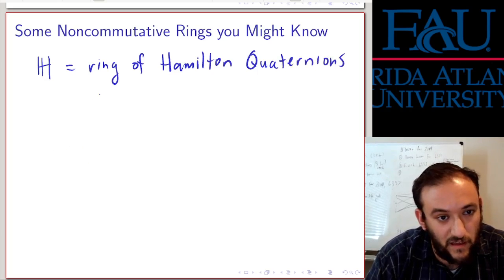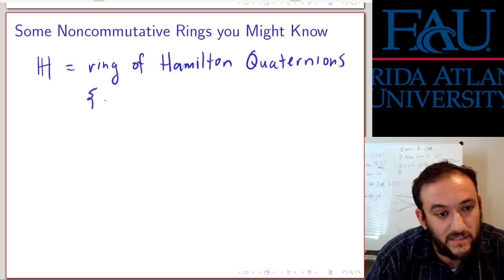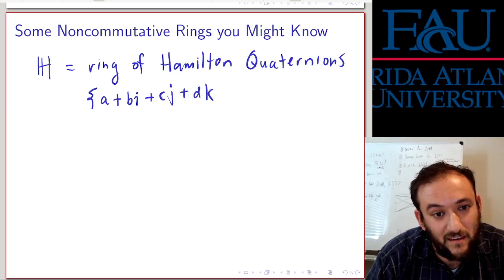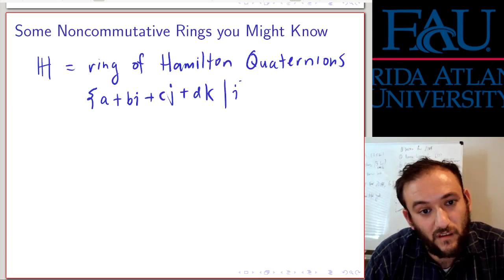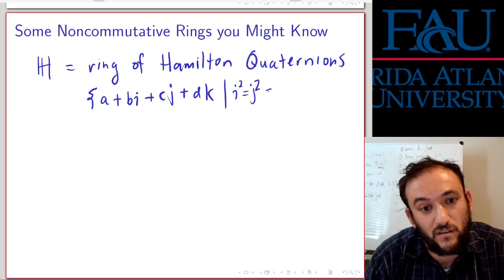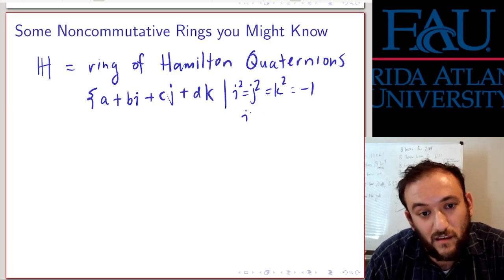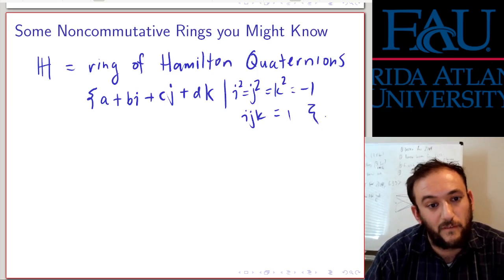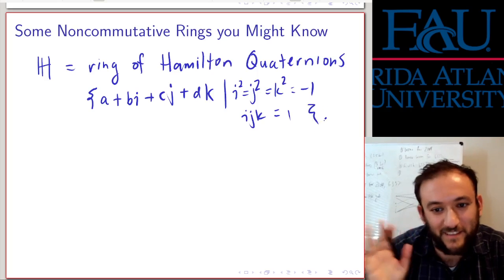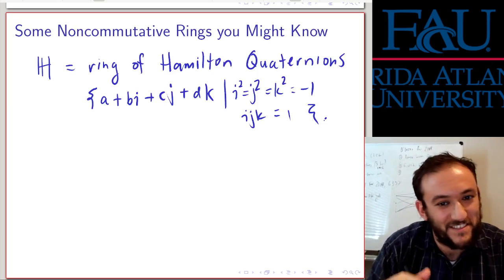This is the set of numbers of the form a plus bi plus cj plus dk, satisfying i squared equals j squared equals k squared equals minus 1, and ijk equals 1 or minus 1. Let's hedge in case I got the sign wrong.